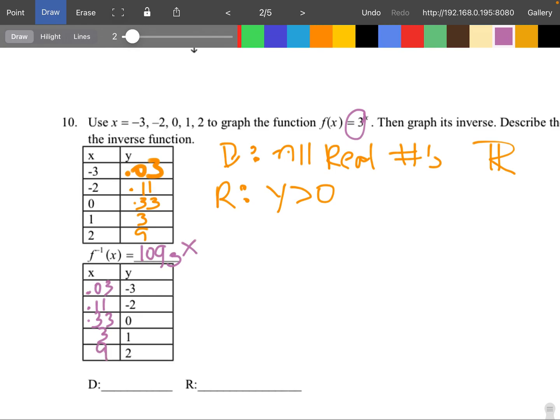Because your domain of exponential is all real, that will become your range. And because your range was y is greater than 0, your domain is x is going to be greater than 0. So remember, to find inverses, you switch the x and the y.